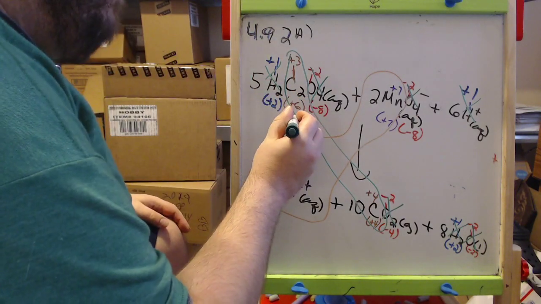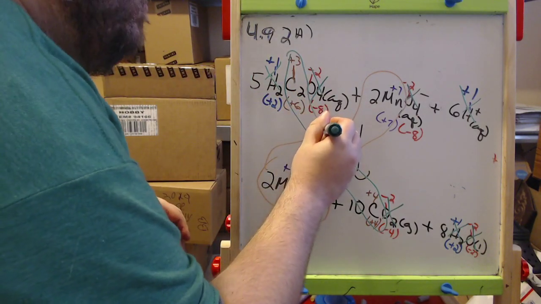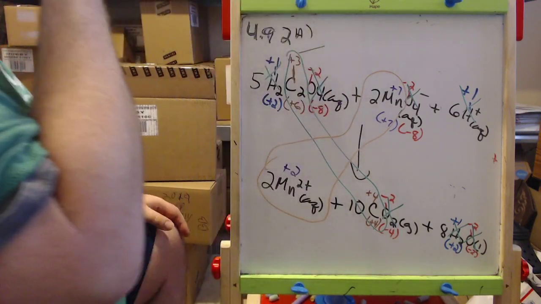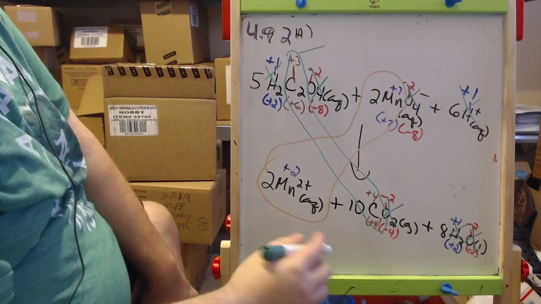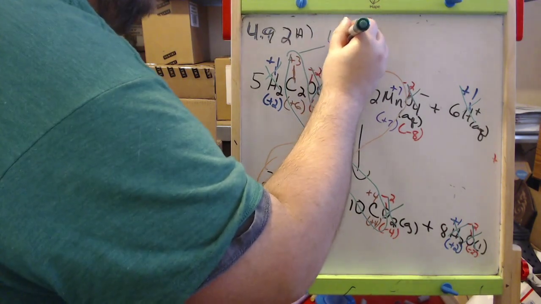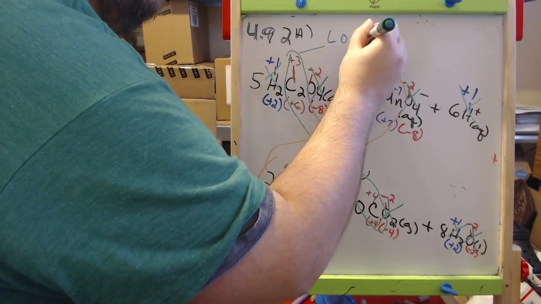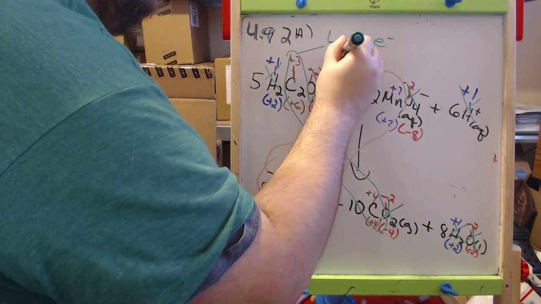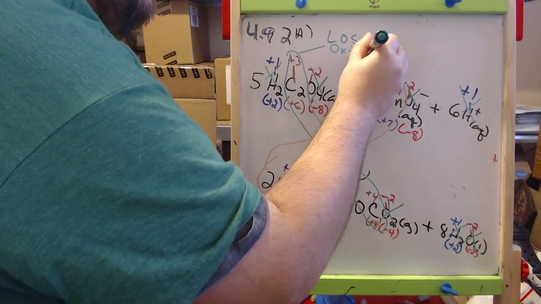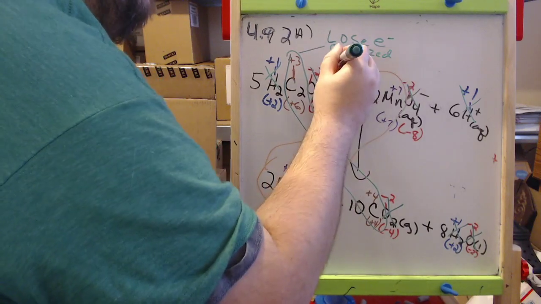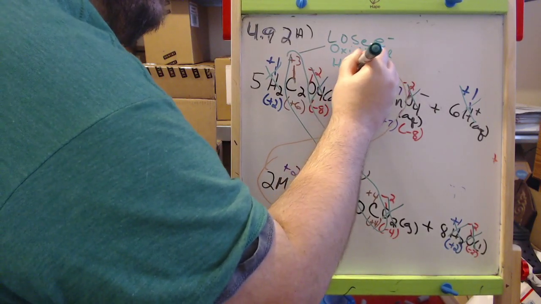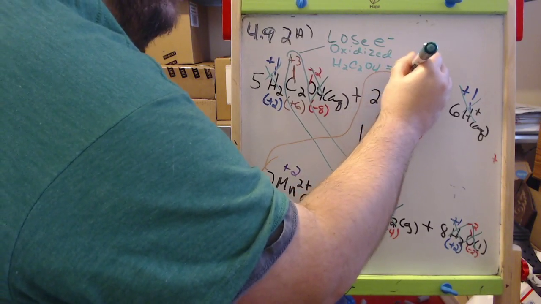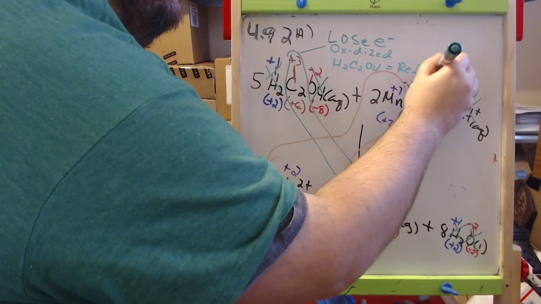That means carbon had to lose electrons. Therefore, it was oxidized. And therefore, H2C2O4 is my reducing agent.